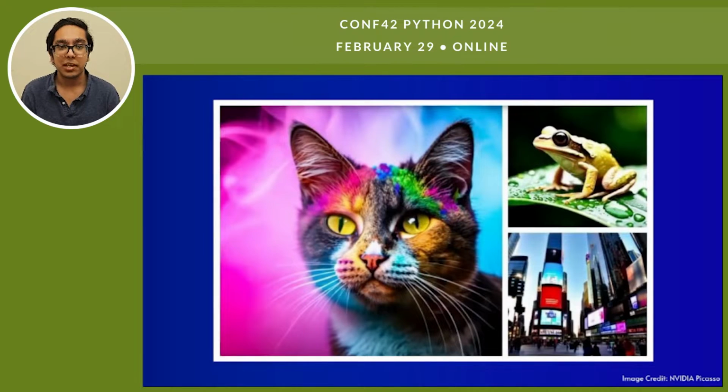NVIDIA Picasso is a platform that allows the creation of custom generative AI for visual content. So this includes images, videos, 3D models, and 360-degree content. And this allows enterprise users to train custom visual generative AI models through the NVIDIA Edify platform.